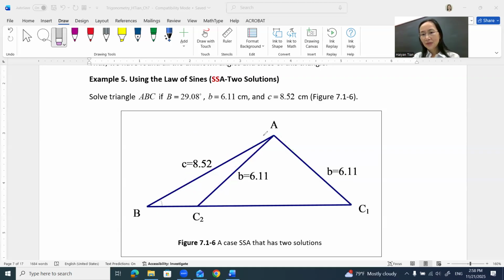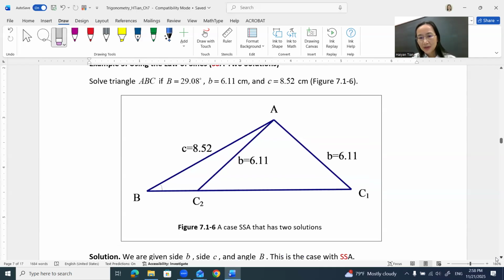That means this situation, side angle, can lead to two solutions when we solve the triangle. Let's actually discover how to solve the triangle. So with the given information, B, C, capital B. Okay, so the B is 6.11, C is 8.52, capital B is 29.08.